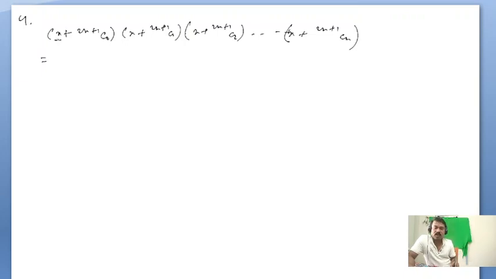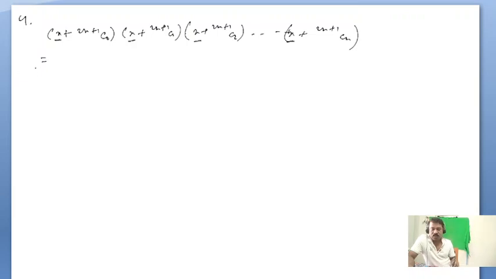You may see that x runs to n terms. So we can write this as the coefficient we have to calculate, coefficient of x to the power n here.